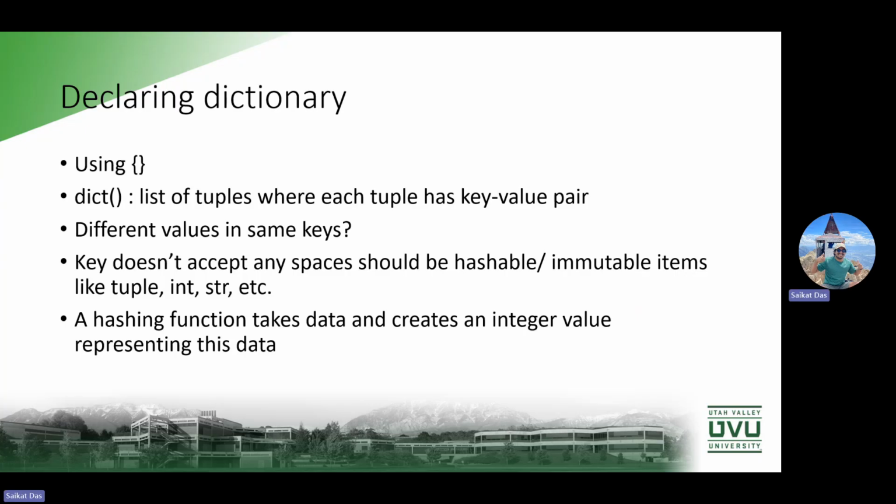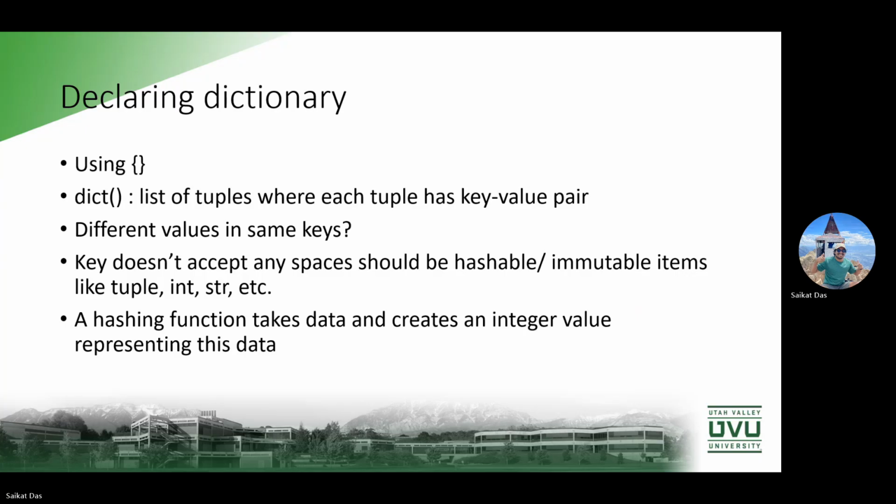Now, this time in the dictionary, we'll see a key value pair, not a single item, a pair of items. Just like our dictionary, the word and the meaning, here we have the key and the value. We may have multiple values, it's okay, but we don't have multiple keys with the same name or same key.